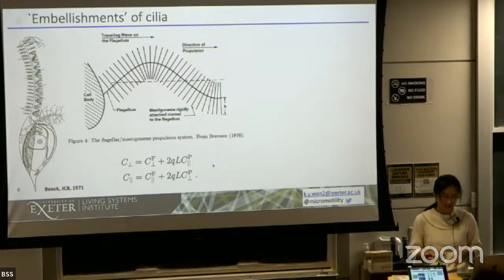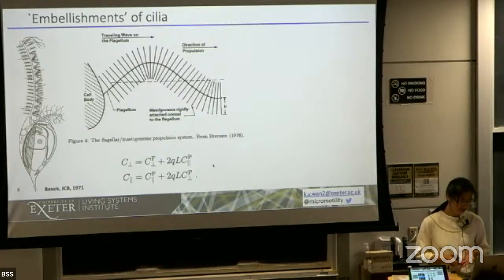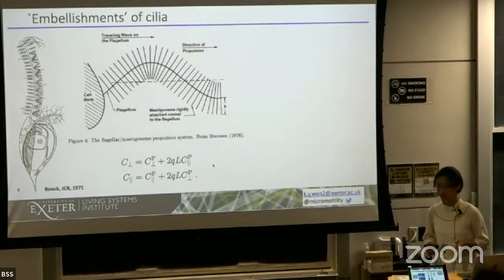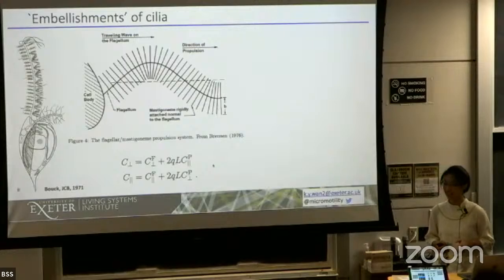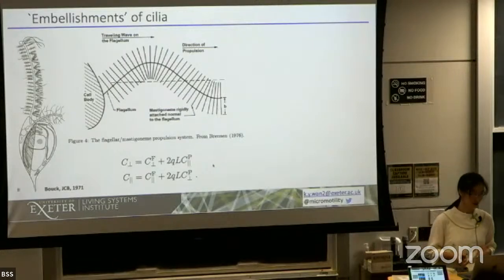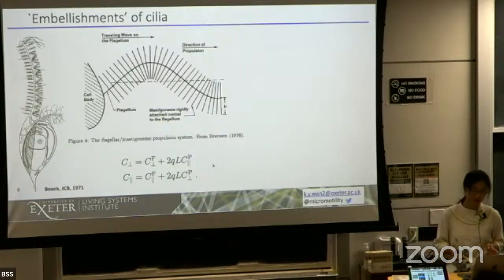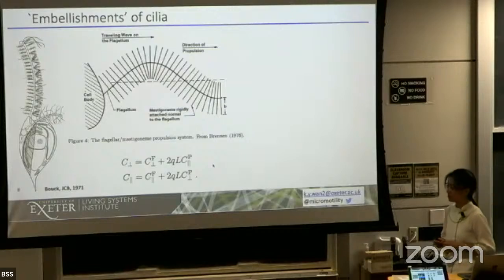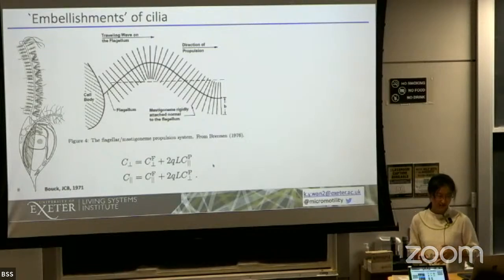So this really led to quite a lot of controversy in the field about whether or not the addition or the presence of mastigonemes on cilia actually helps propulsion or not. But what's undeniable, and I wish I had a video of this because we have these organisms in the lab, is that in this case, when you do have rigid filaments oriented in this way, the organism propels itself forwards.